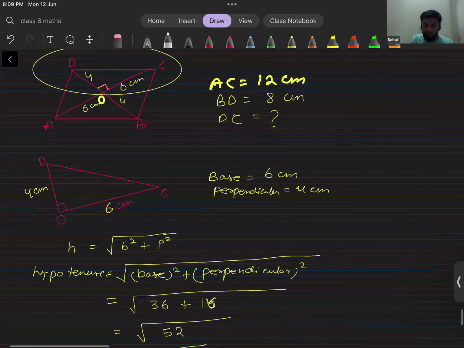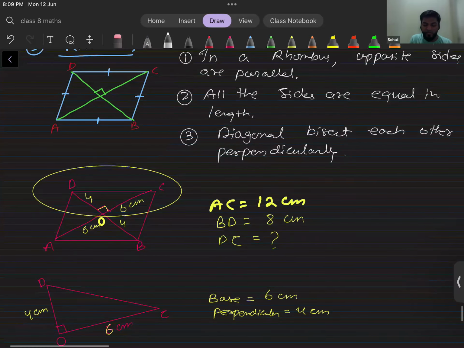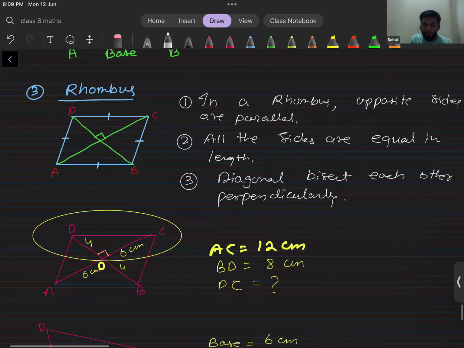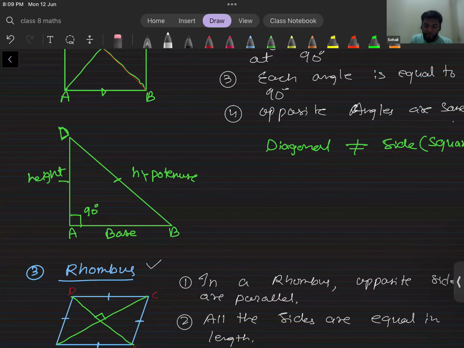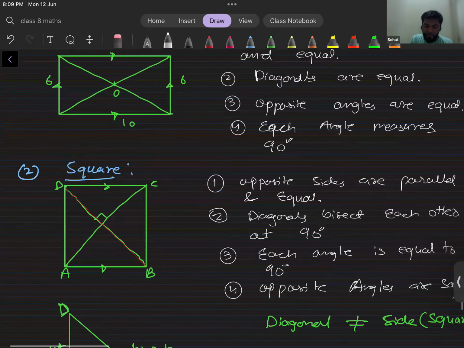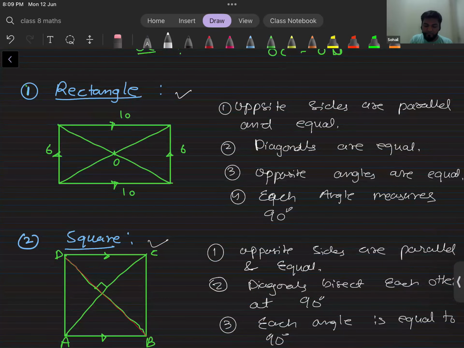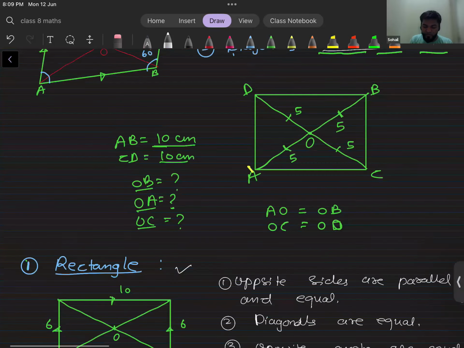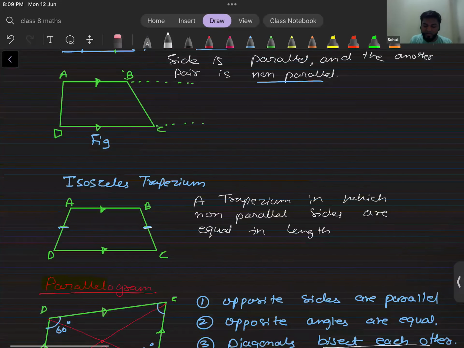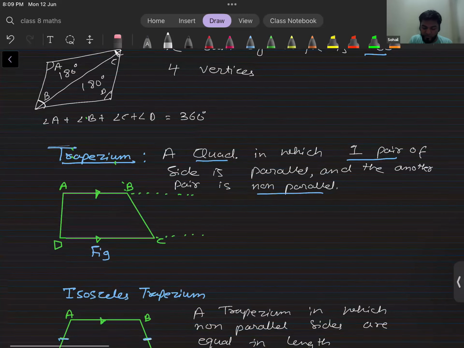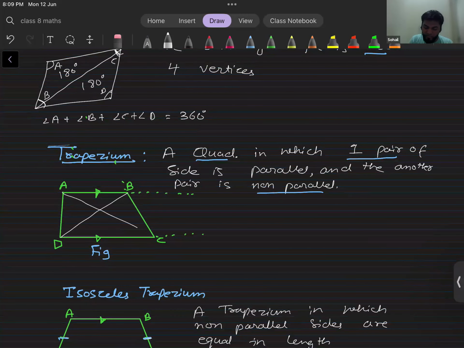You will get to solve questions like this related to rhombus. These are basically the three classifications of parallelograms: rhombus, square, and rectangle. One more thing left to talk about trapezium was the diagonals. Look at the diagonals of a trapezium. Are they going to be equal? No, sir. The diagonals of a trapezium are not equal.